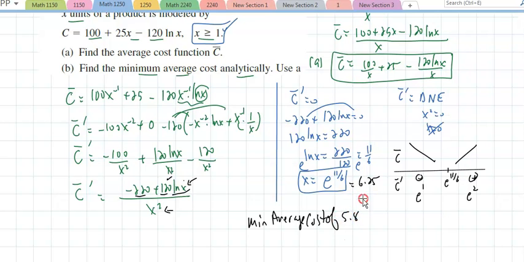I need some space. Okay, that's okay. The average cost of $5.8. Find the minimum cost. There it is. When we produce roughly 6.25 units.